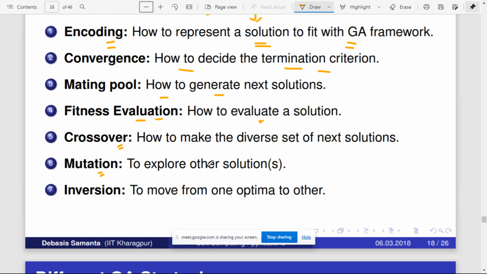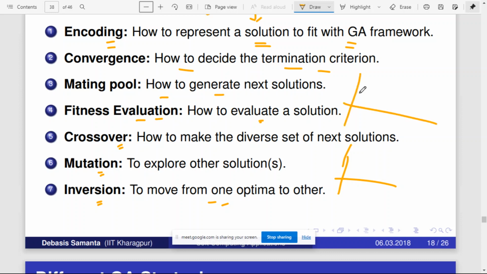So inversion means to move from one optima to another. Inversion is nothing but moving from a local optima to some other local optima or to some global optima. Say for example, if the function is something like this, then this local minima is better than this local minima.